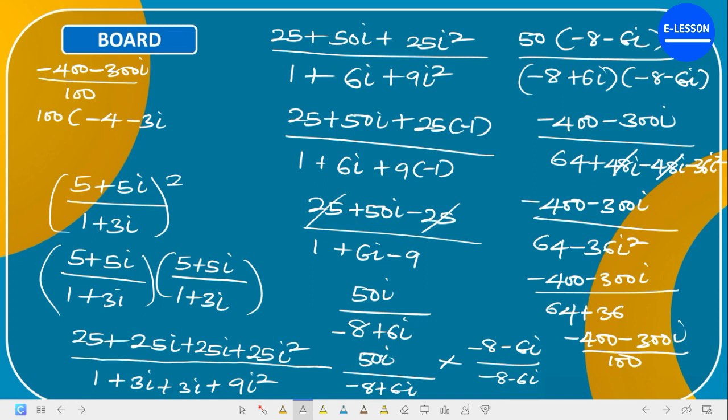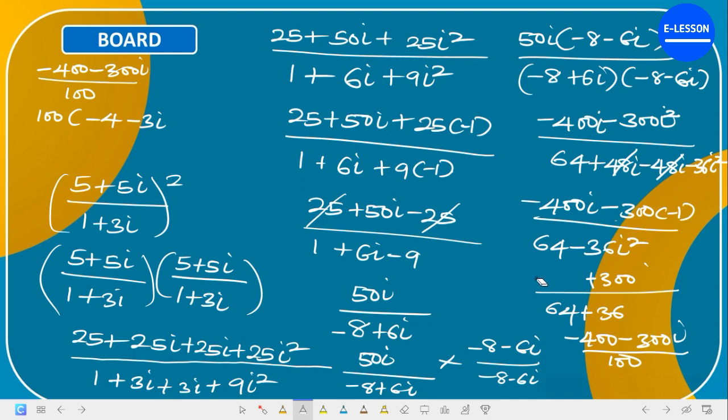If here is 50i, it means here will be 400i, and here will be 300i squared. Let me write it again. Here will be 400i, and here will be 300. i squared is minus 1, so here becomes minus 1 times 300, which is minus 300, and with the sign it becomes plus 300.